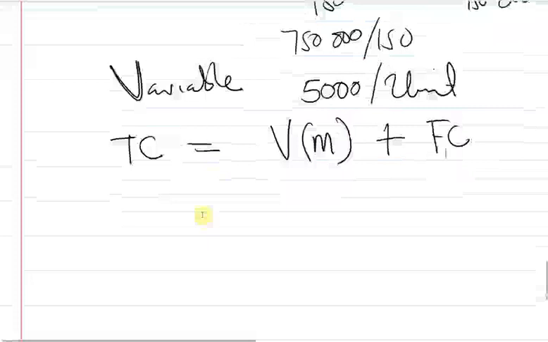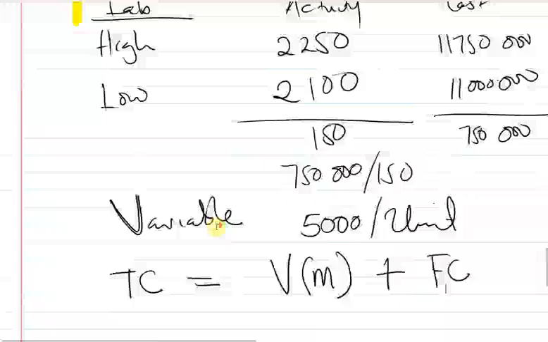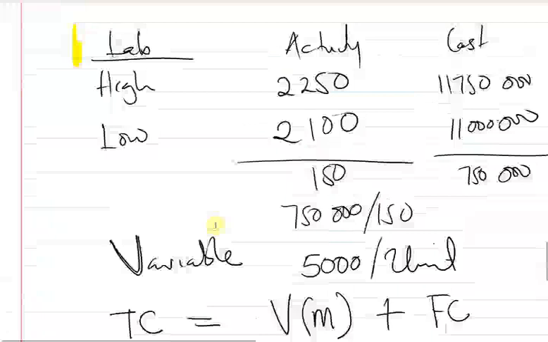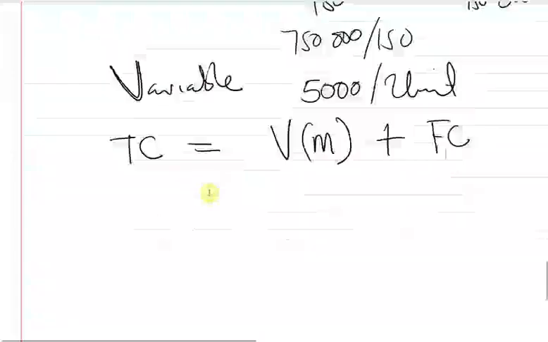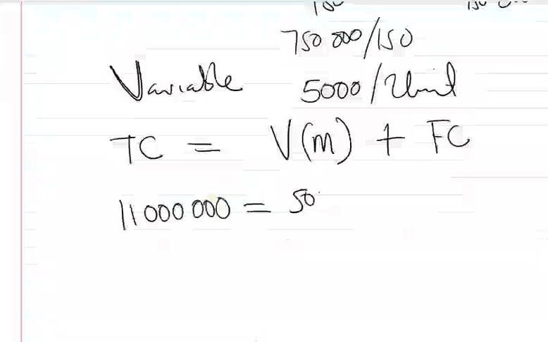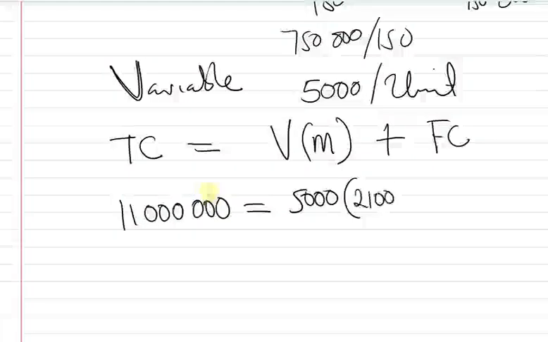So we can either use high or low. I'll use the low one, which is 11 million, is equal to variable cost I find is 5,000, the activity level for the low was 2.1, plus fixed cost.